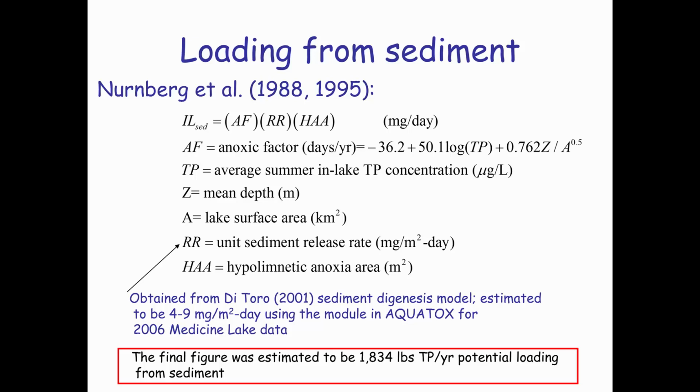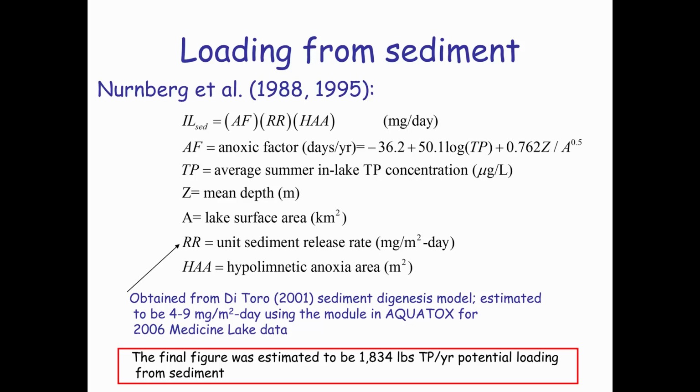This is an input that we would actually put into the BATHTUB model, and you'll see that when you actually apply it. In any case, 2006 conditions were used for this Nuremberg model. Later I'll mention that maybe those conditions aren't the best conditions to use, but that's what it came up with.